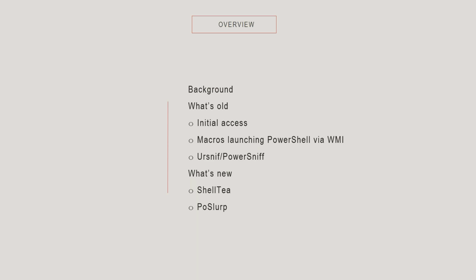Then we'll go through the intrusion process, looking at the artifacts that we found here, which are variants of known malicious pieces of code and malicious files that they use for initial access, the macros specifically and how they launched PowerShell through WMI, and then the Sniff and PowerSniff malware that was used there. And then we'll start to talk about what they deployed after that point, which is the newer malware which they took advantage of.